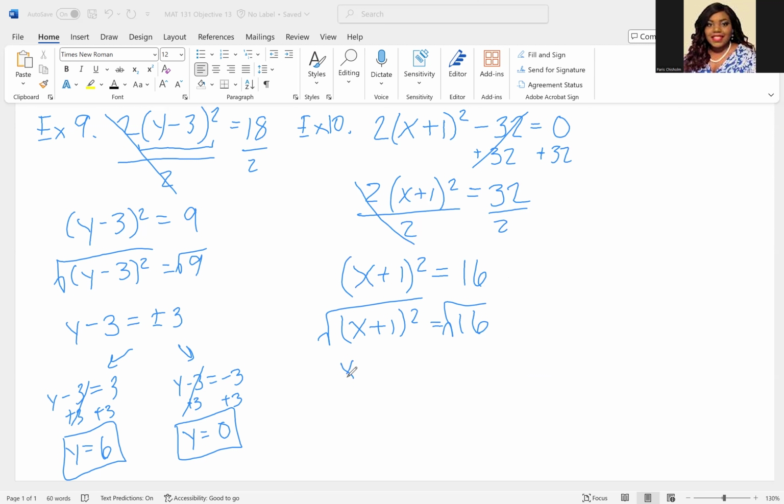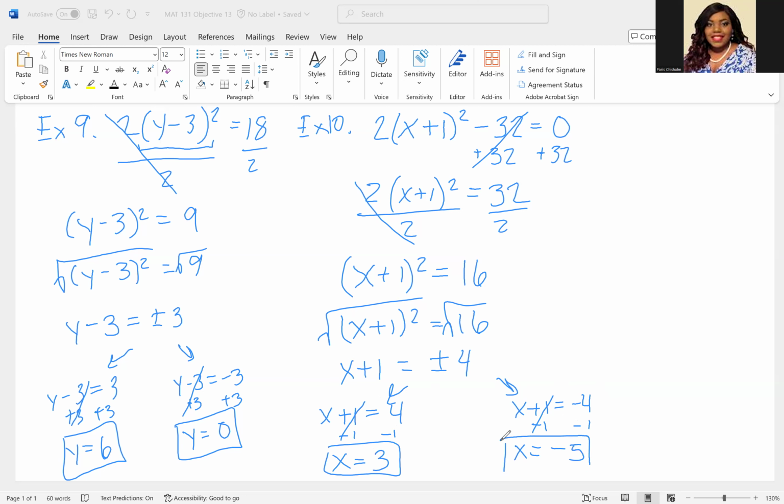When we do, x + 1 is going to come out, and the square root of 16 is going to be plus or minus 4. So when we break this into our two problems, we're going to have x + 1 equals 4, and x + 1 equals negative 4. So we're going to have to subtract 1 on both sides. And our first x is going to be 3, and our second x is going to be negative 5.